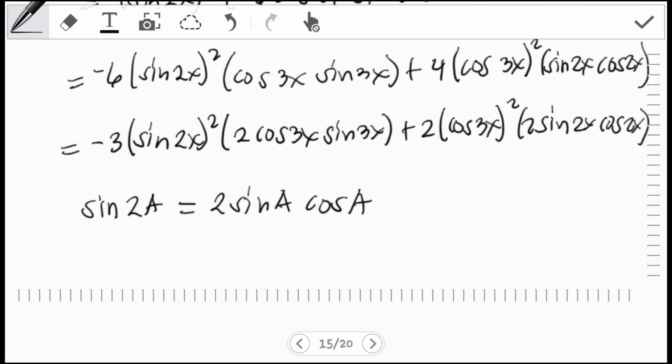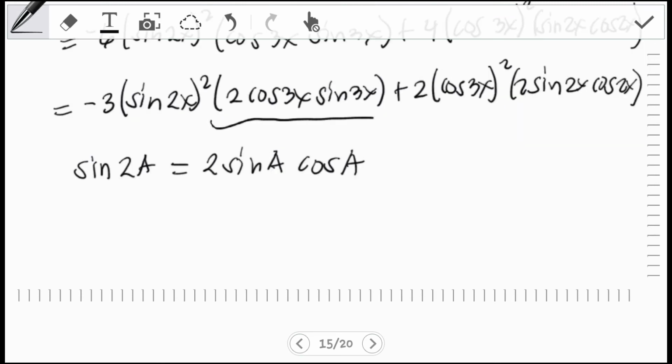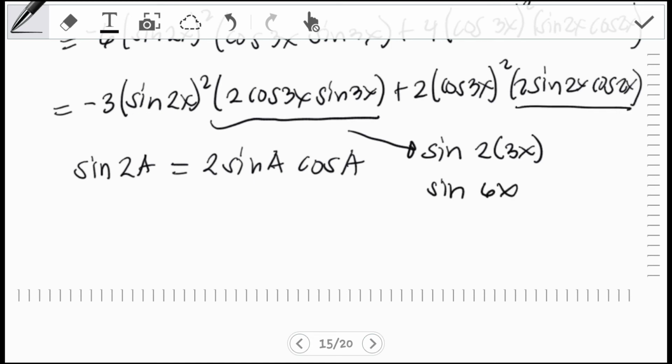In this case, where a here is 3x, the equivalent of this is sine 2 times 3x. Okay? And that is sine 6x. From this, sine 2 times 2x. Okay? And that is sine 4x.